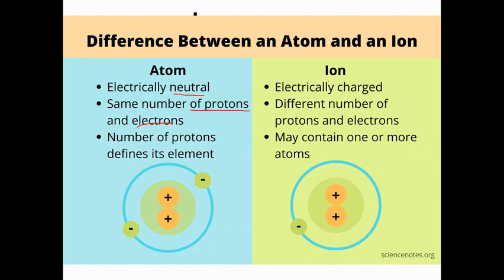An ion, on the other hand, is charged. So there are different numbers of protons and electrons. And it may contain one or more atoms. I don't really care about this right now. We'll talk more about that later. Okay, but those are the two big things that we want to look at.